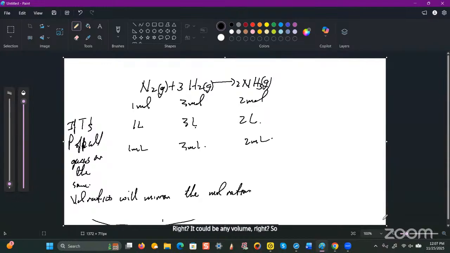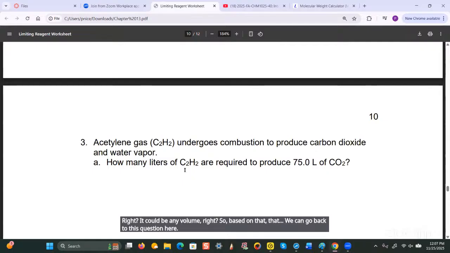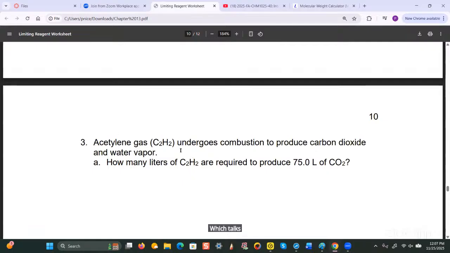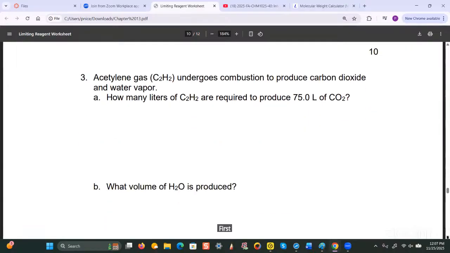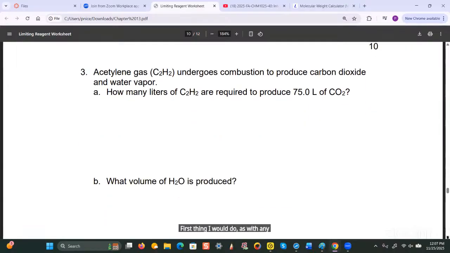So based on that fact, we can go back to this question here, which talks about acetylene, gives you the formula for acetylene. It says it undergoes combustion to produce carbon dioxide and water vapor. So the question is asking, how many liters of C2H2 are required to produce 75.0 liters of carbon dioxide? First thing I would do, as with any stoichiometric type problem, is determine the balanced equation.